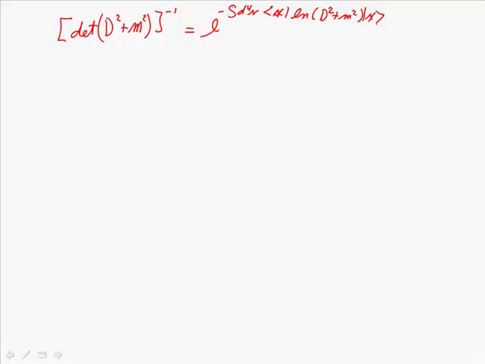Okay. There are techniques for making sense of what that is in some cases exactly. For example, you can do it in a constant electric field. You write out what D squared is as a function in a constant electric field, and you can make sense of it.